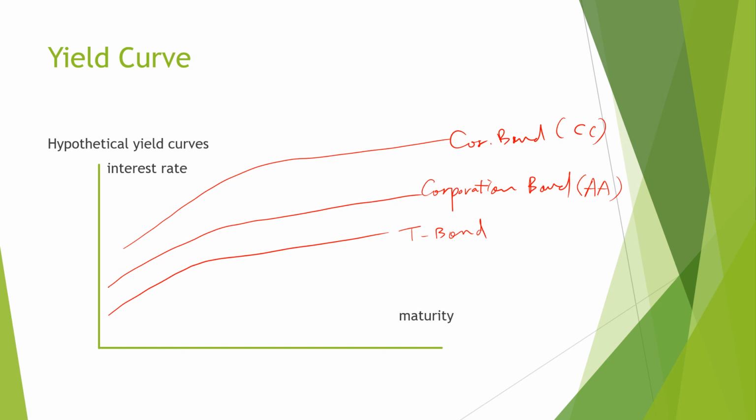That means risk is high, right? Default risk or liquidity risk is high, so that is high risk, high yield. We will discuss this again later.